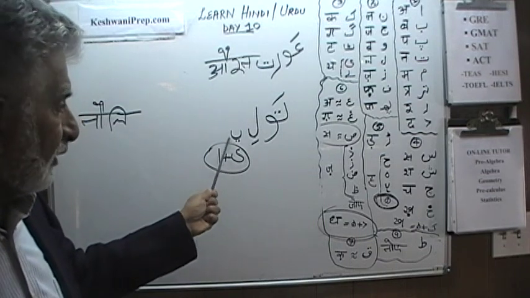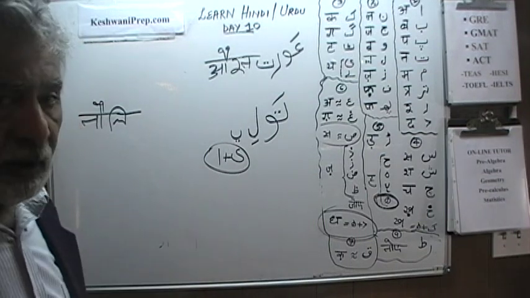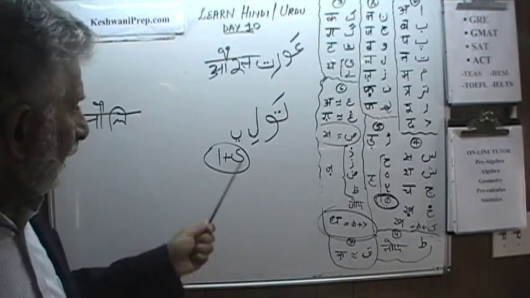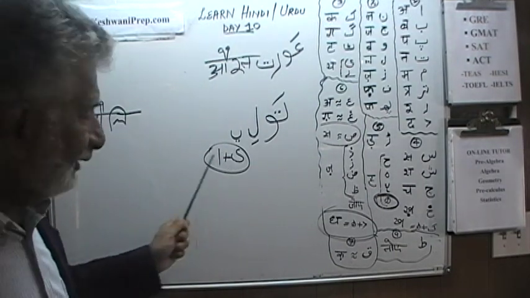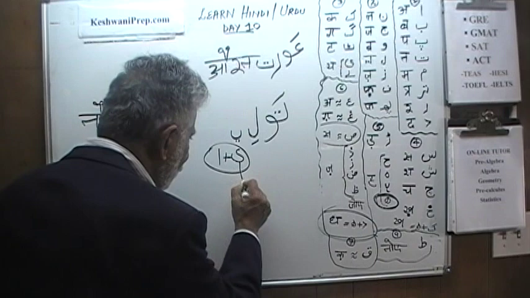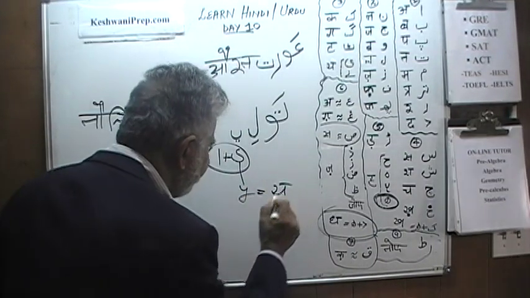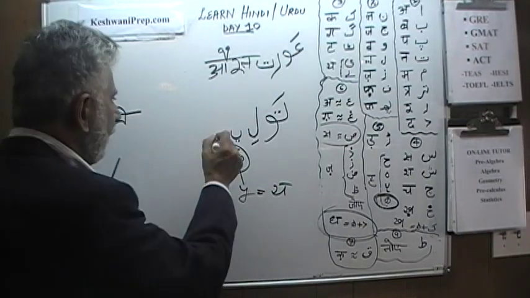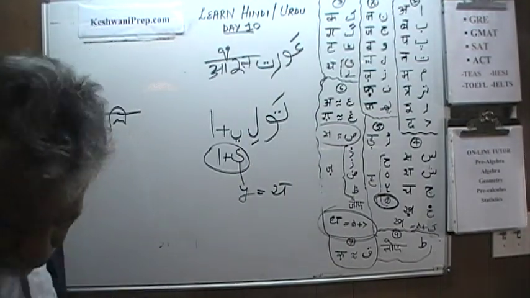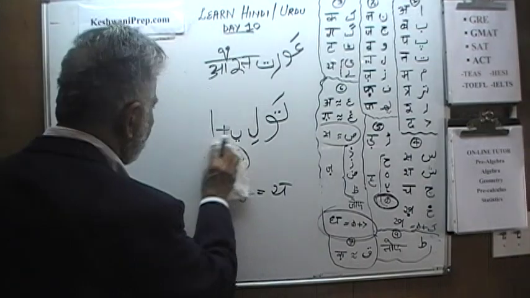So how can you have two matras next to each other? You'll end up with a zer and a badi ki matra. It makes no sense. Here, y is appearing solely as letter y. Choti is appearing solely as letter y. Or rather, letter year. And then we have a alif. Let's erase all this so we can understand it.